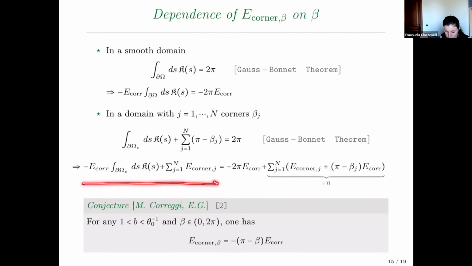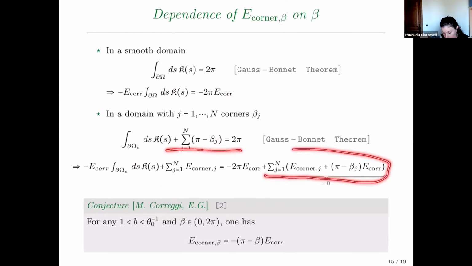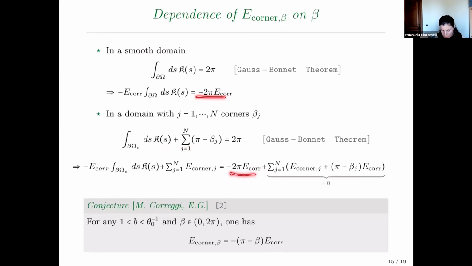Since we would like to have the same correction we had for smooth domains, let's start by constructing minus 2 pi. And then, according to Gauss-Bonnet, what is still remaining is this quantity here.